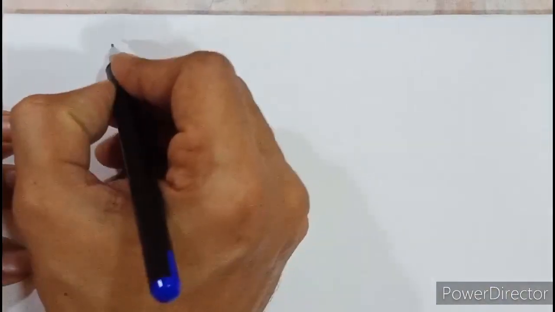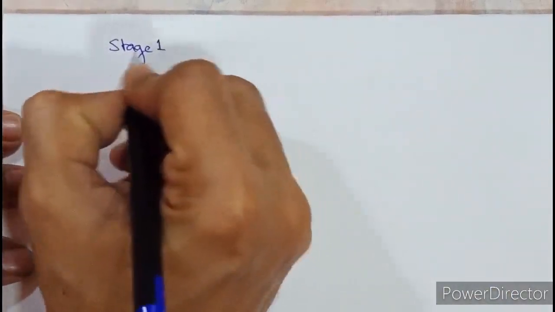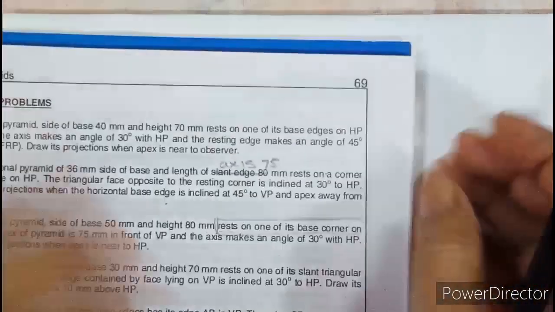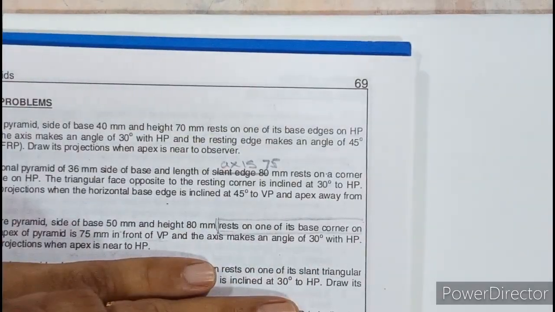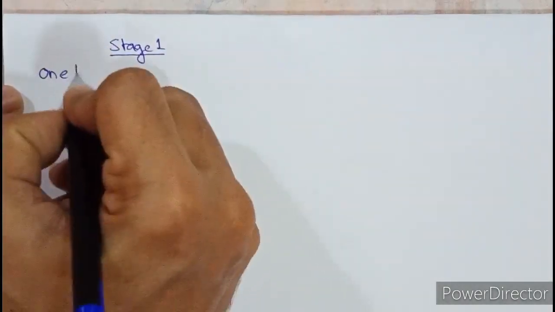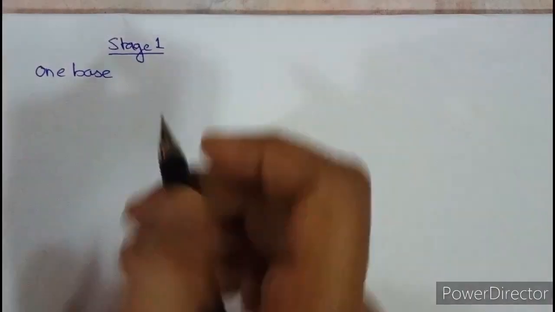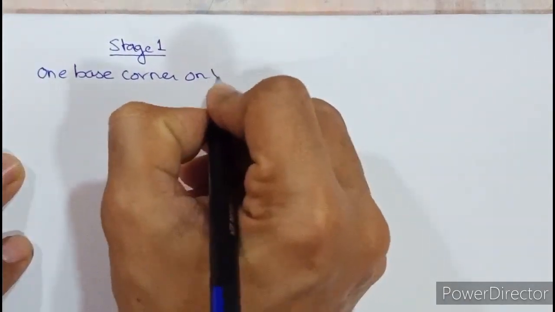So we will write down the first stage over here, stage 1. As it is being told, the pyramid rests on one of its base corner on VP. So it's given that one base corner on VP.